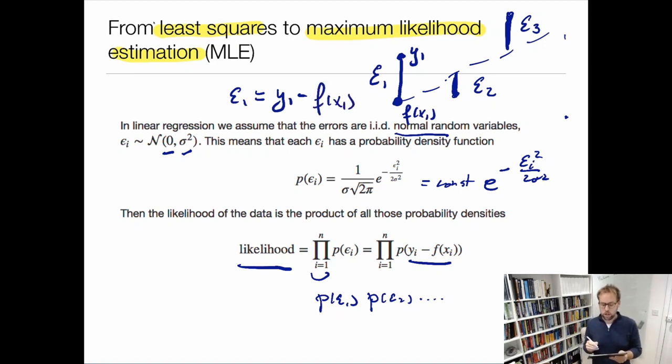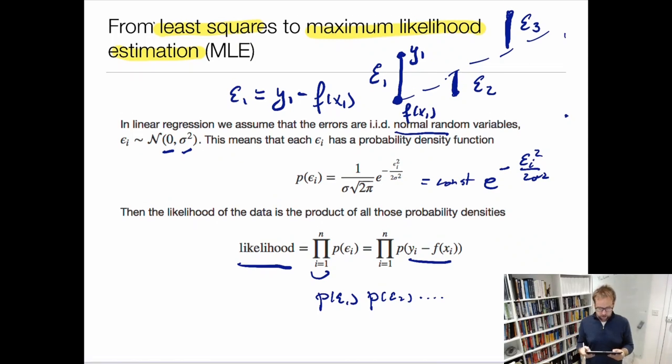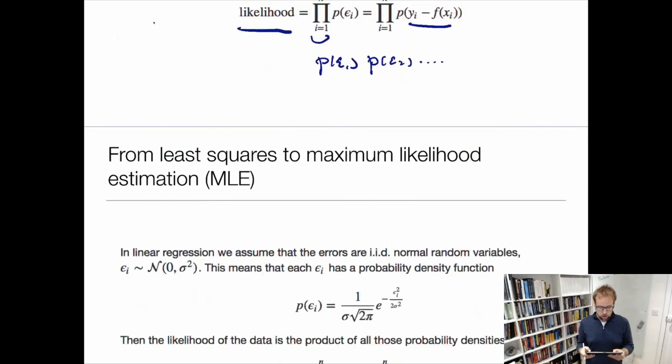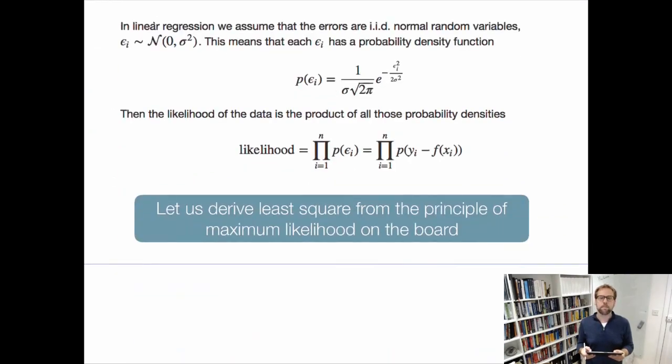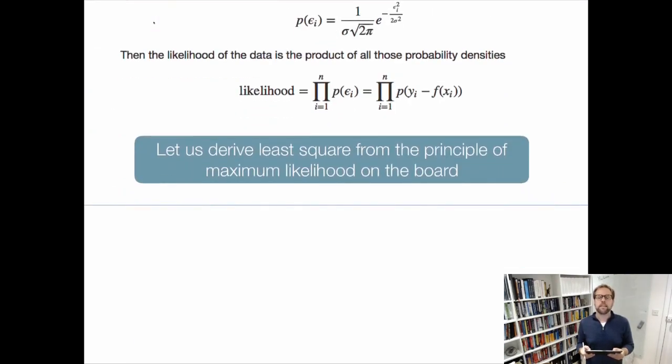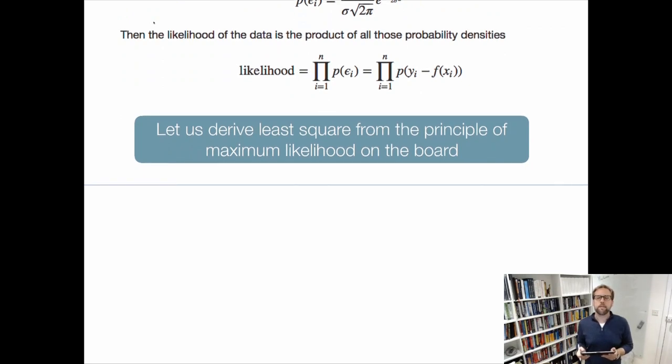I have this relationship, and I can just plug it in here. Now I want to show you that this is nothing else than the least squares formalism. So we have the likelihood, and this relationship gives rise to the least squares formalism.